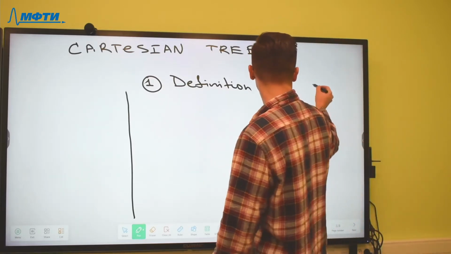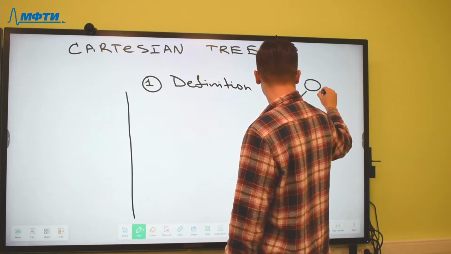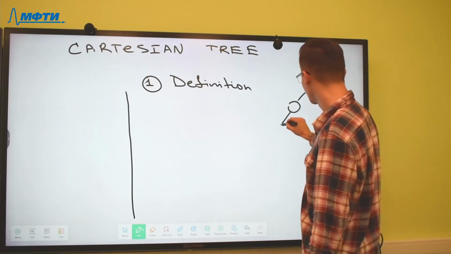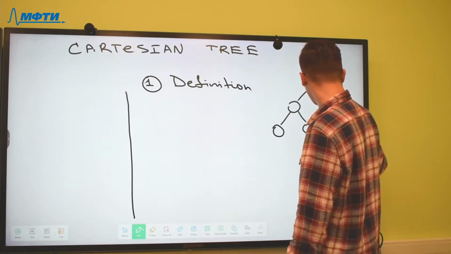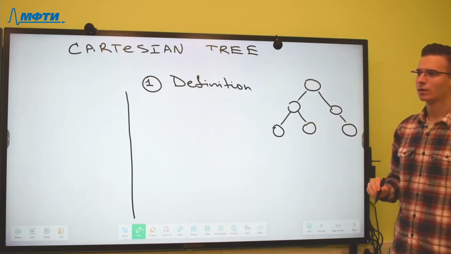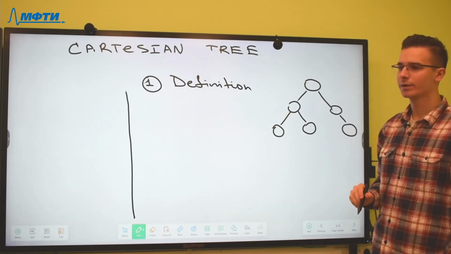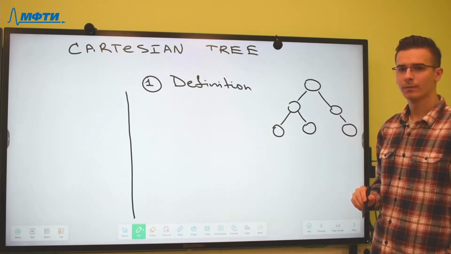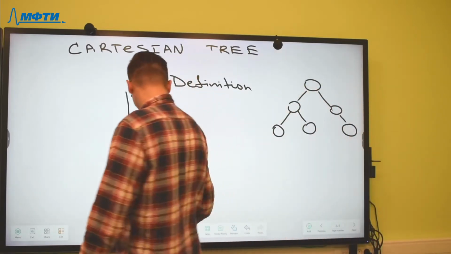You know that a binary tree is a tree where we can place nodes in this order, and if we work with a binary search tree, we have one property. What is the property of a binary search tree?